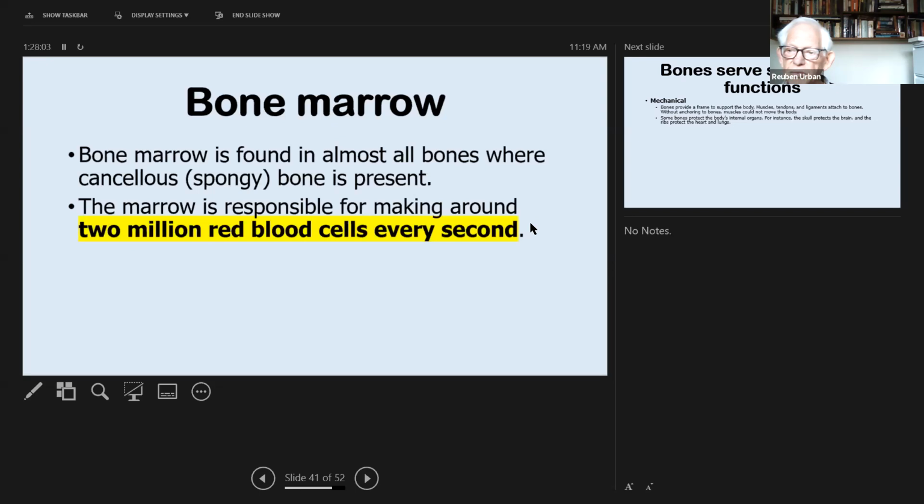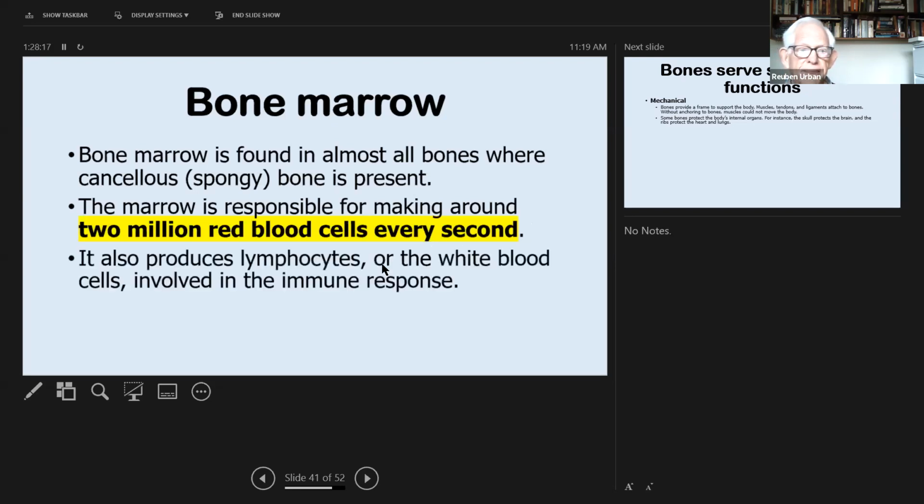That goes through the bile, and the gallbladder, which holds the bile, then goes into the small intestine and helps break down fats. And the bone marrow also produces lymphocytes. And these are the white blood cells that are involved in the immune system, which we've talked about.